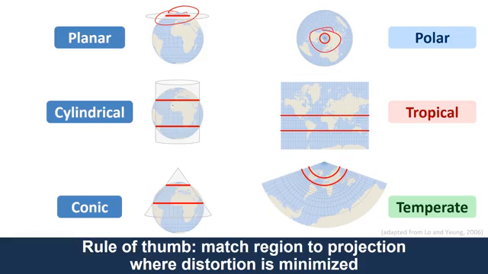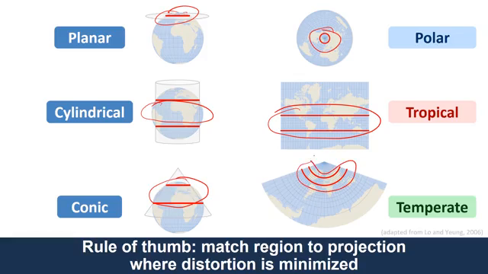If you have standard lines between the area of the equator, then you'll have the least amount of distortion in the equatorial region, so a cylindrical projection would be good for tropical areas. If you've got a cone with two standard lines touching at the temperate areas, then you're going to have less distortion, say for a map of Canada or the US or something like that, in which case you would use a conic type of projection for temperate areas.